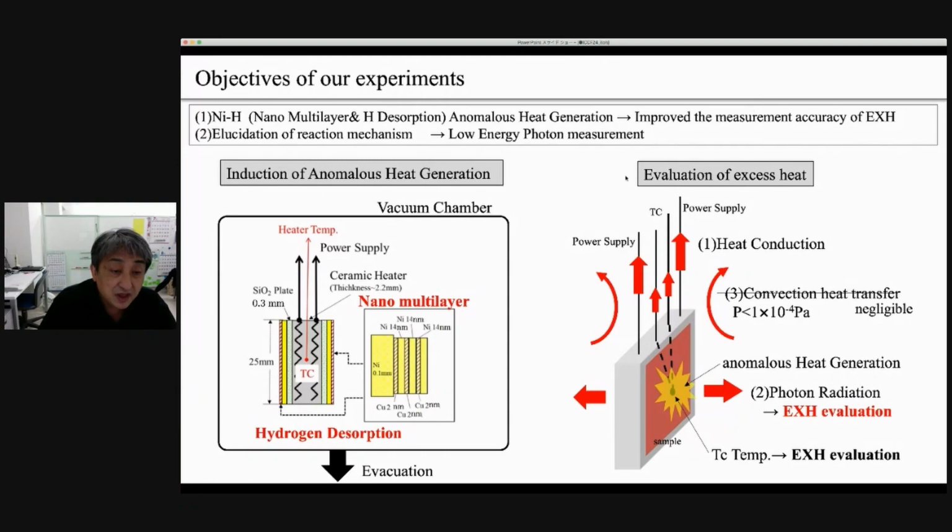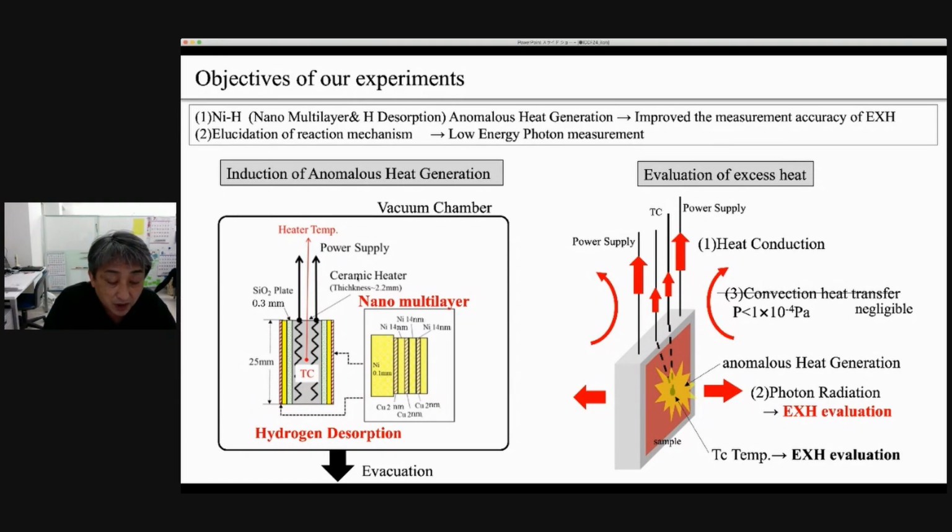We installed nano-multi-layer films on both sides of the heater with built-in thermocouples. This is placed in the vacuum chamber. And after hydrogen absorption, the nano-multi-layer film is heated up to release hydrogen, thereby inducing anomalous heat generation.